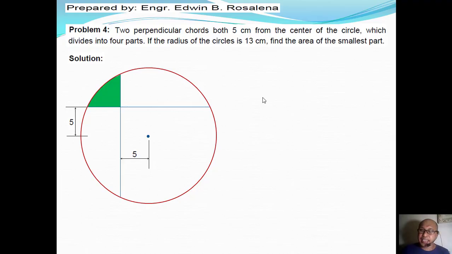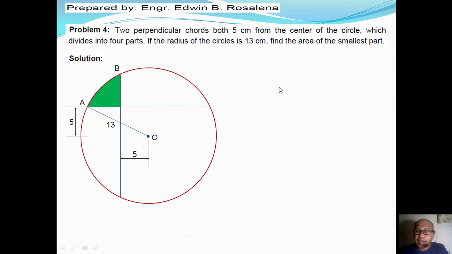Okay, so I will label the important points here by letters. The center at O, and I will call this point A, call this point B. So if I will connect A and O, this is the radius of the circle, and that is 13.